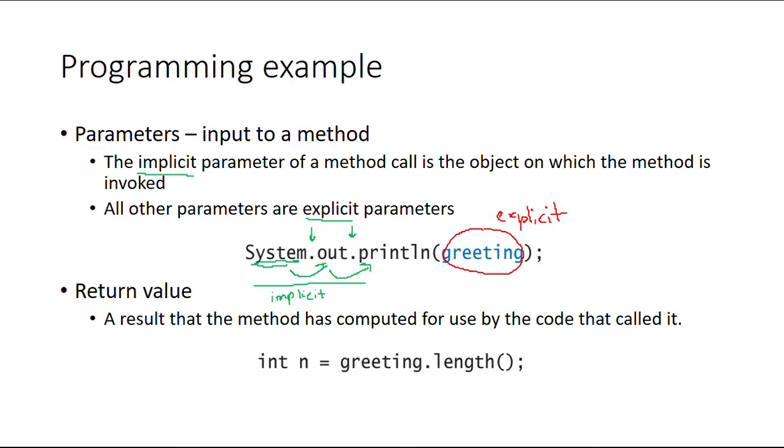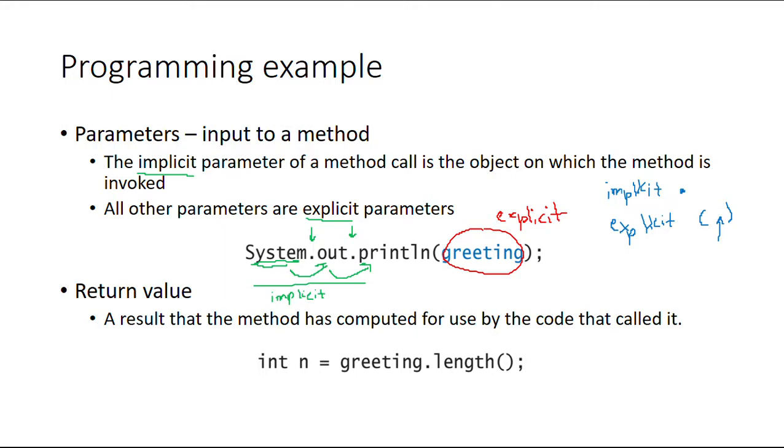Okay, so we can make a brief resume about it and say that the implicit implies having a period or a little dot, and explicit is the thing that goes in the middle of the parentheses.